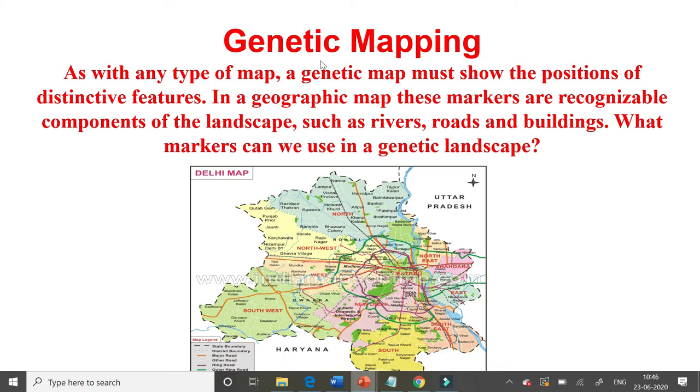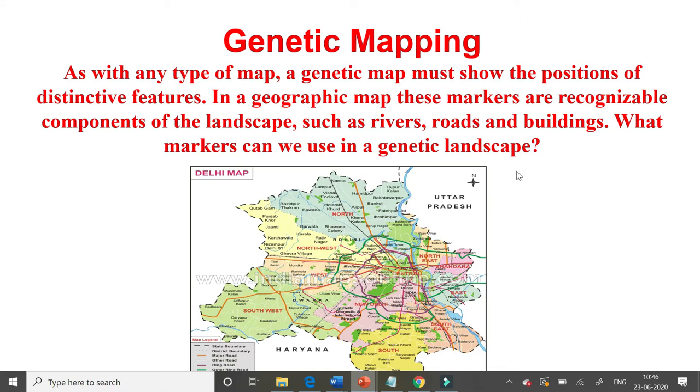Now in genetic mapping, as with any type of map, we need to know about the geographical landscapes like rivers, roads, buildings and all. Likewise, when we are talking about DNA maps, when we are walking along the chromosome, we need markers which can guide us through the DNA like various flag marks.